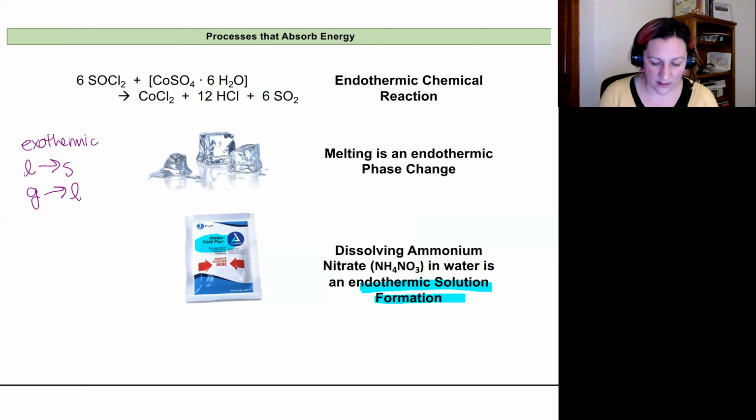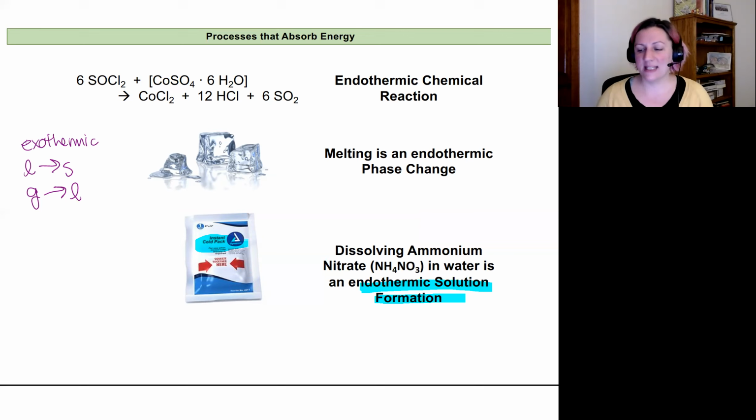And that's what an instant ice pack is. An instant ice pack is just putting an endothermic solution formation on your body, like on your shoulder, and it'll steal the heat from your shoulder and it'll feel cold, right, to you. Now, there can also be exothermic formations of solution as well, where it would release energy and would feel like it got hot, like a hot pack.